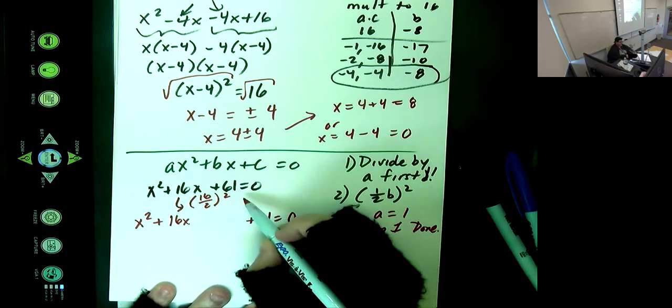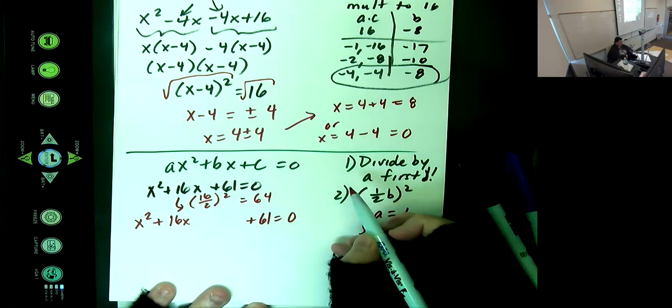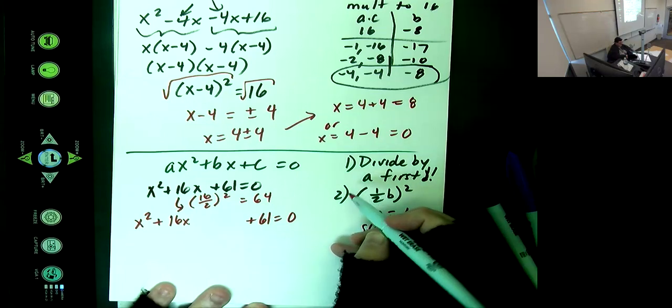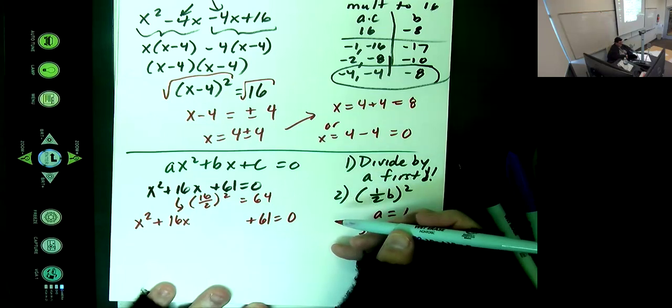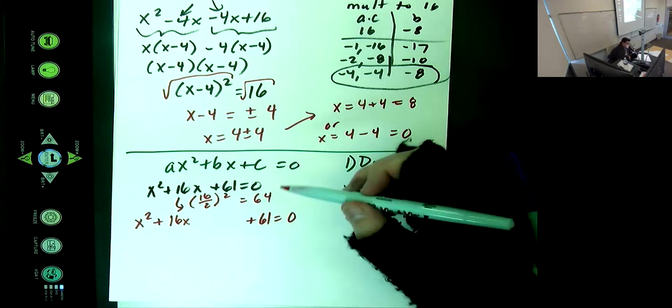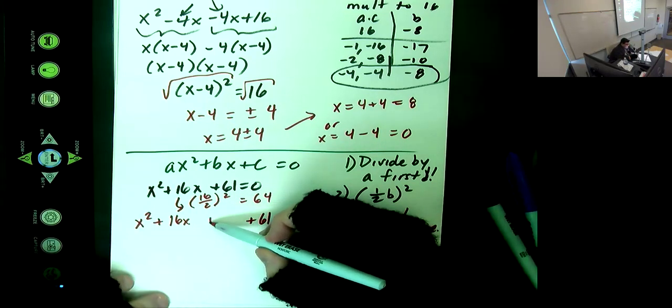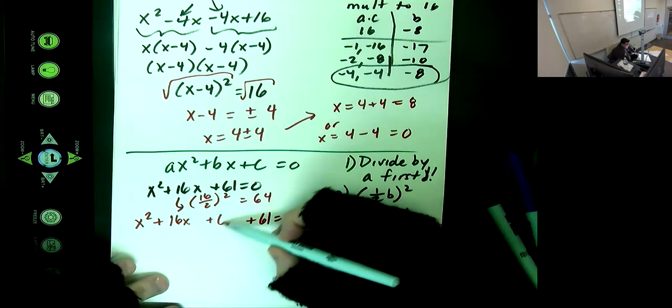And then I square it and I get 64. So I'm really adding 64 to both sides.